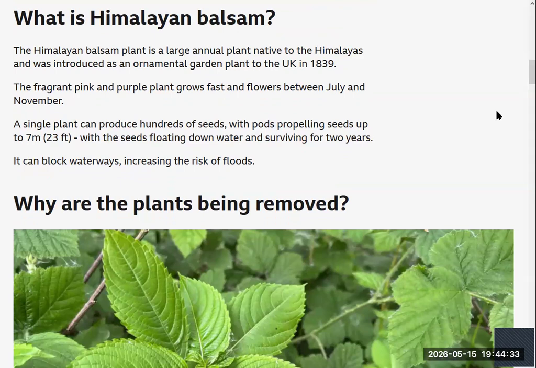The Himalayan balsam plant is a large annual plant native to the Himalayas and was introduced as an ornamental garden plant to the UK in 1839. The fragrant pink and purple plant grows fast and flowers between July and November.